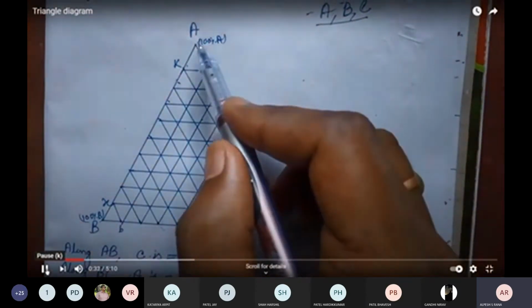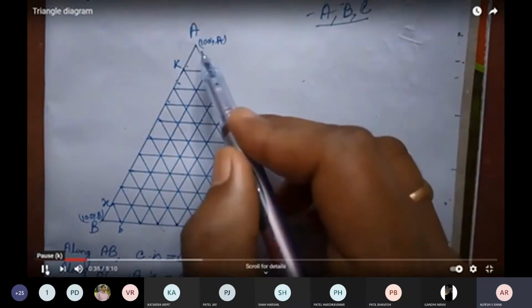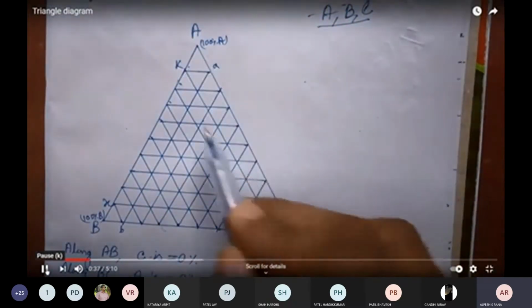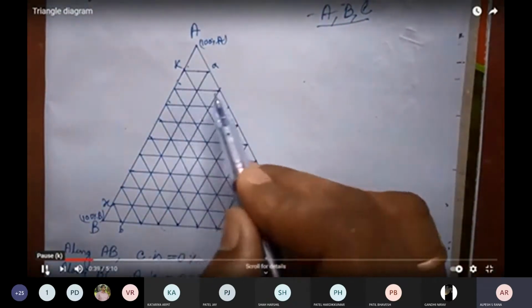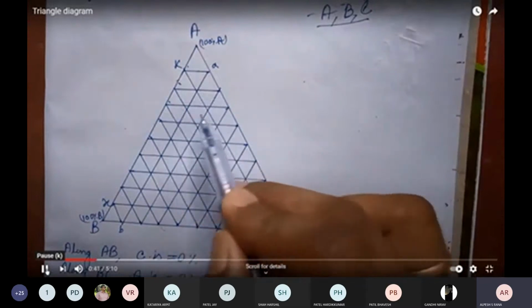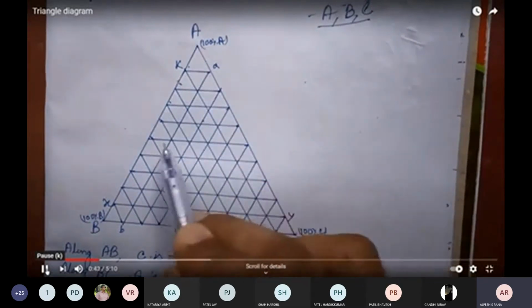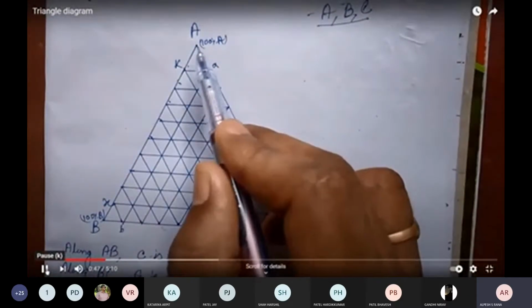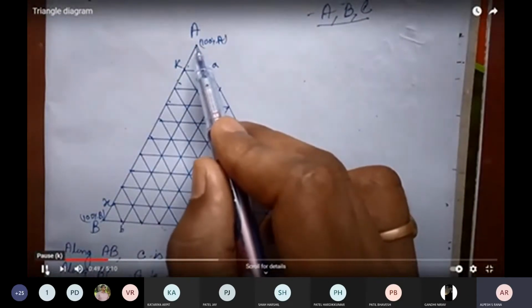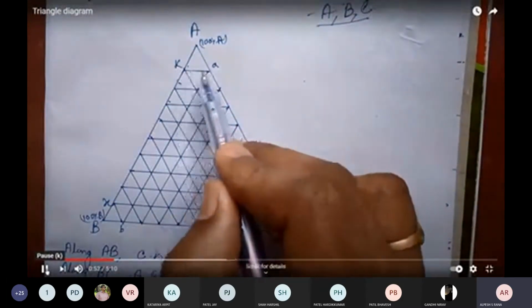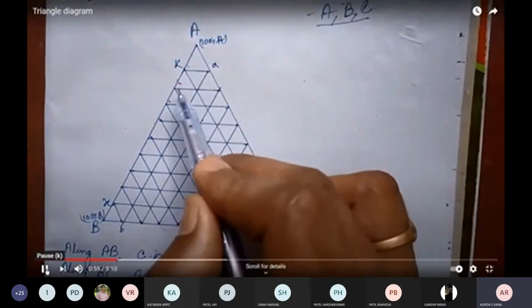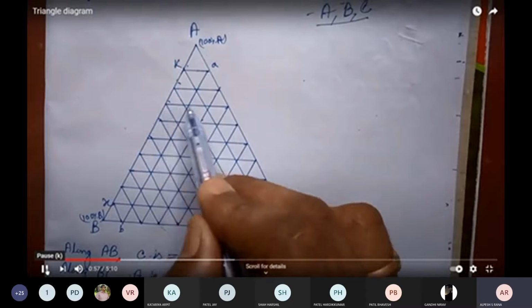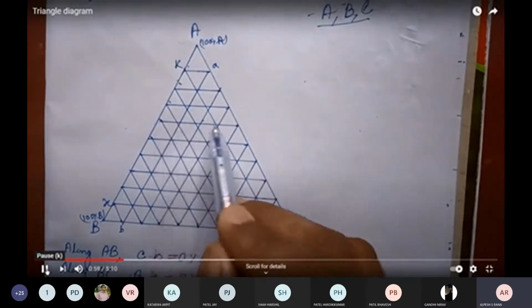The concentration of component A decreases along these lines. These parallel lines indicate the concentrations of A. The concentration of A is 100% at this point, and 90% at this point, then 80%, then 70, then 60.